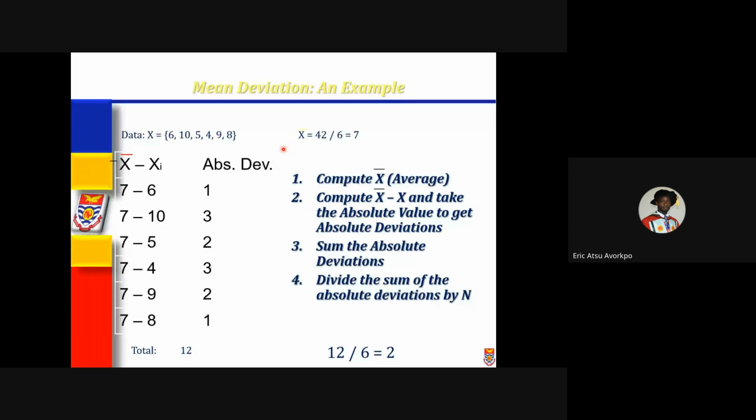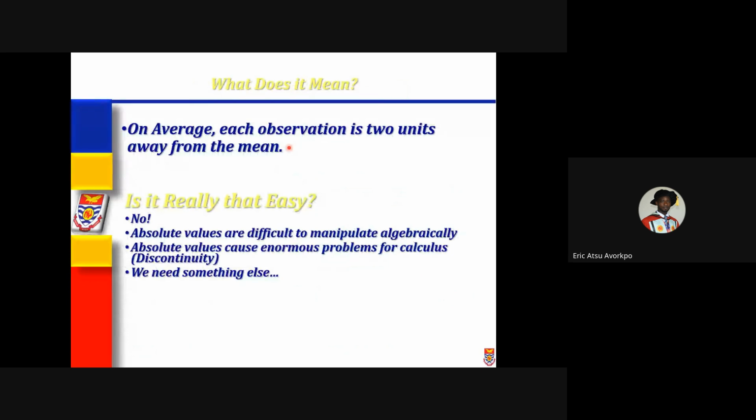So they are only on the average 2 marks different from the mean. Put another way, each observation is just 2 units away from the mean value. That is what it means.